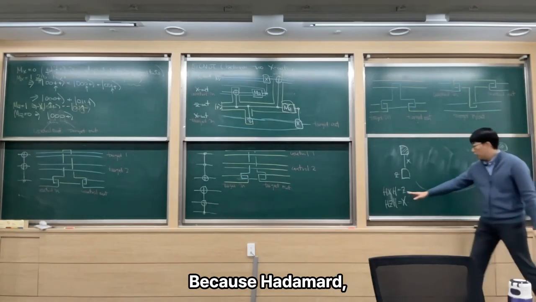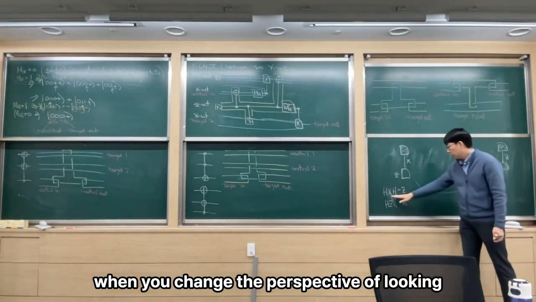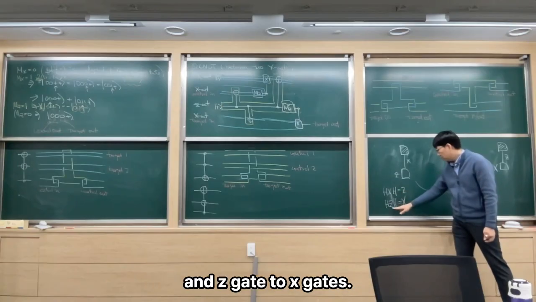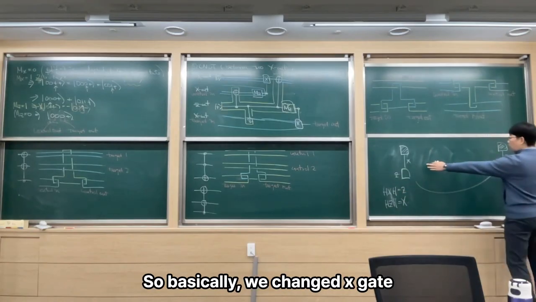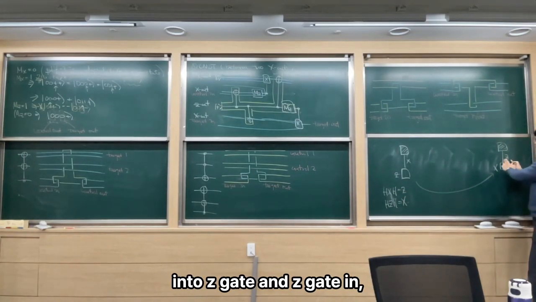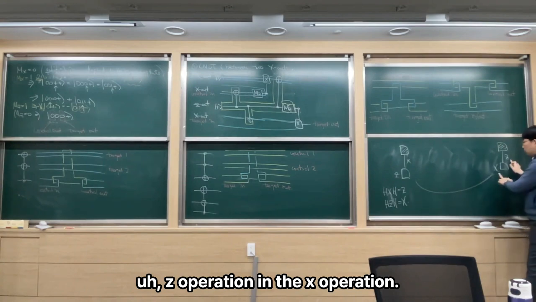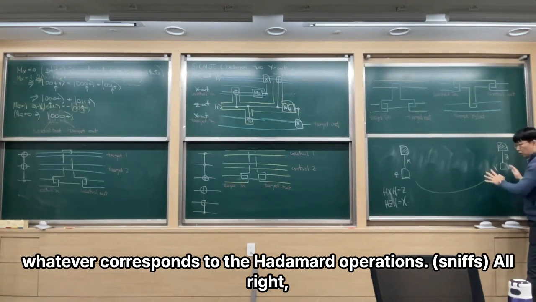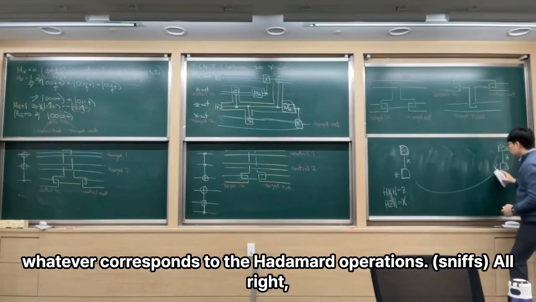Because when you change the perspective of looking at the quantum state, Hadamard changes the X gate to the Z gate and the Z gate to the X gate. So we can consider these processes to correspond to the Hadamard operation.